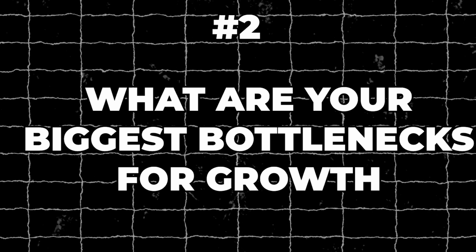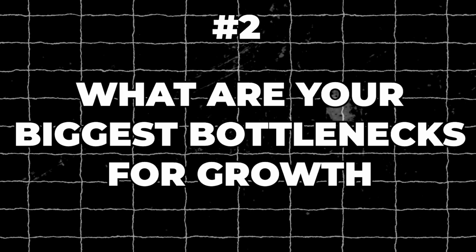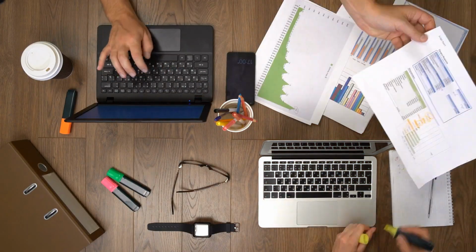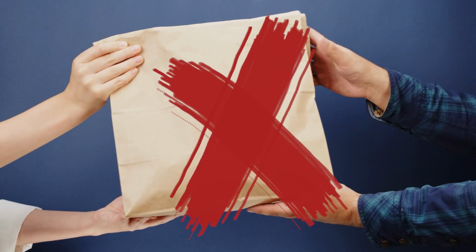The second step that I go through is to understand what your biggest bottlenecks for growth are. Okay, why is your business not growing? Is it because your sales process is very manual, so you can't reach out to more clients, to more leads, or is it because you are getting leads but you're not able to deliver the product or service to those new clients?